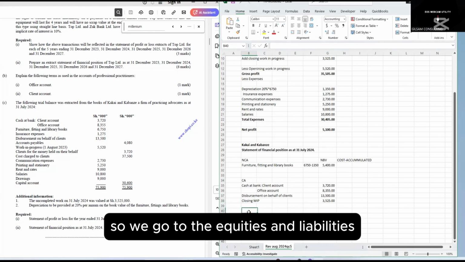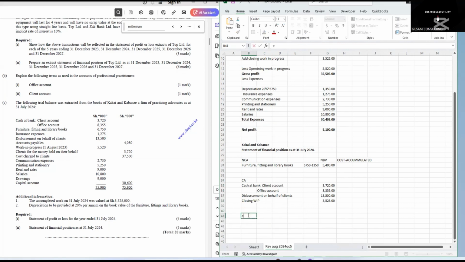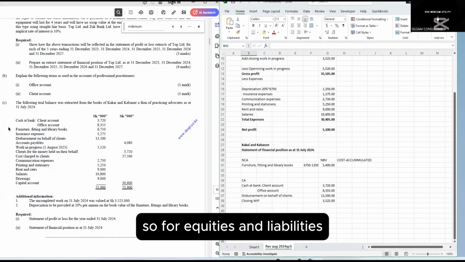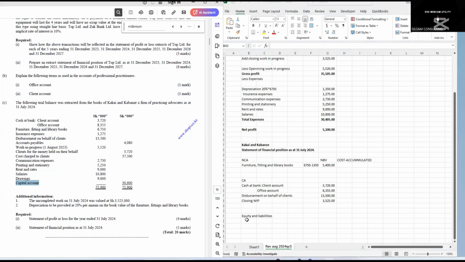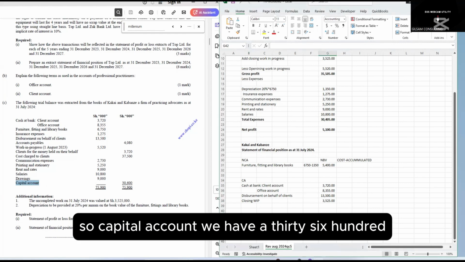So we go to the equity and liabilities. For equity and liabilities, we have been given the capital here. So capital account, we have 3,600.